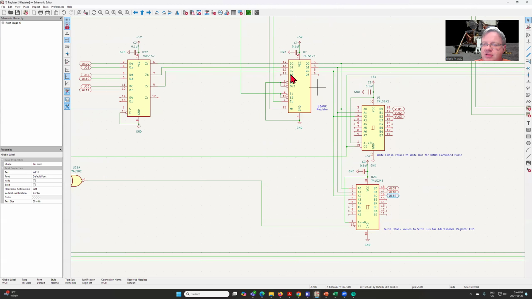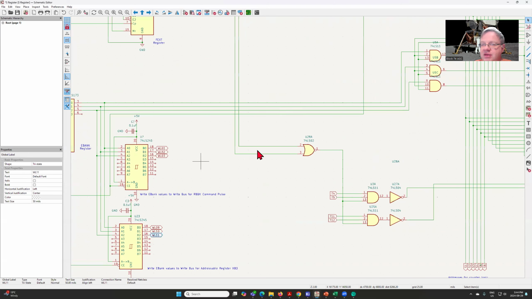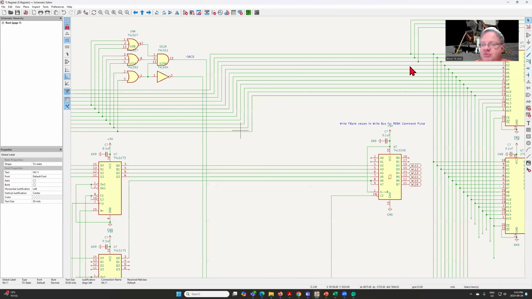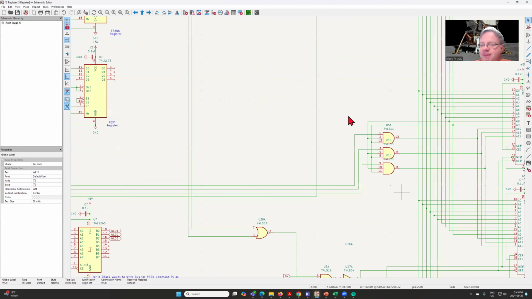Now, the EBANK register is, again, not just a register for storing data. It's actually the register which, in combination with the contents of our S register, so you can see I've got this bus with the 12 bits of the S register coming down here.